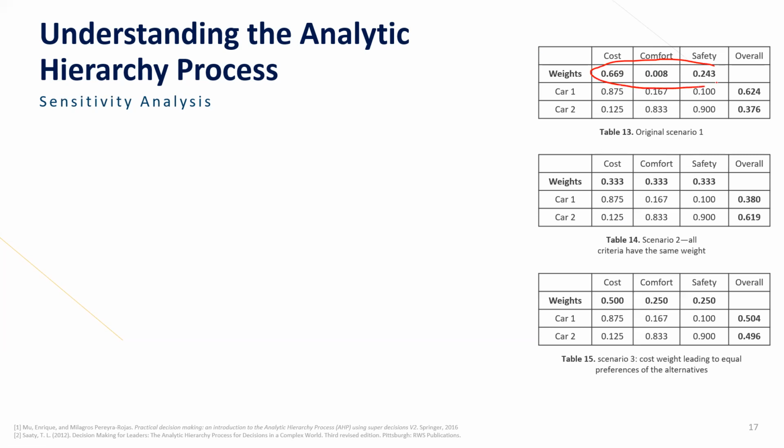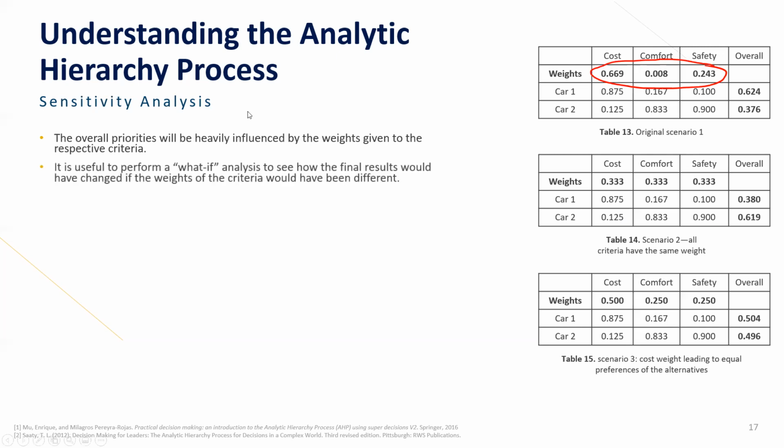So it is important to conduct something called sensitivity analysis. Sensitivity analysis is what we can say to perform a what-if scenario: what is the final result if we change the weight of the criteria.